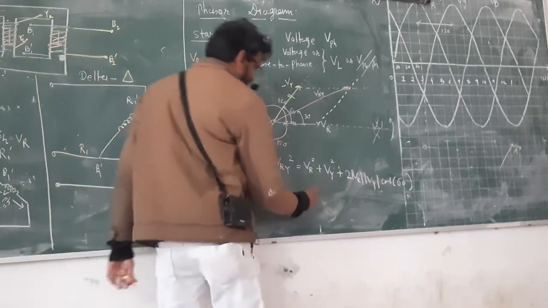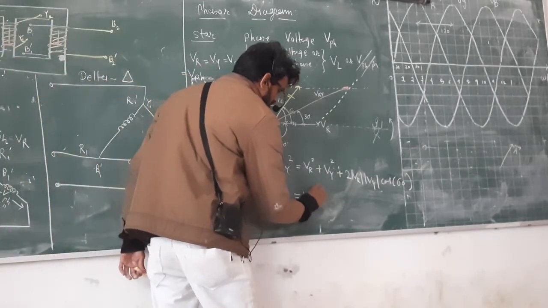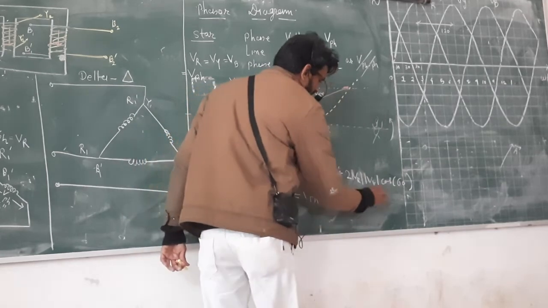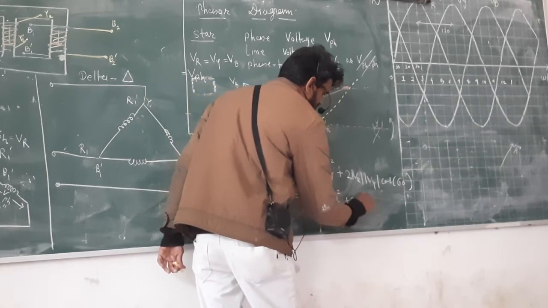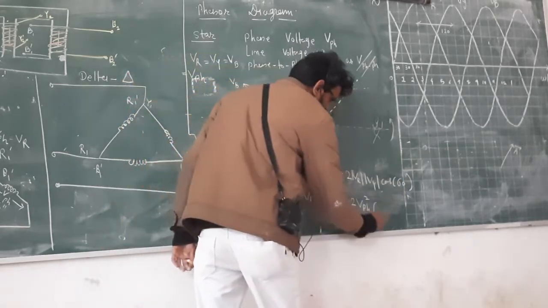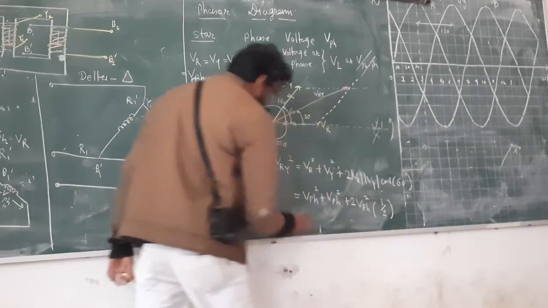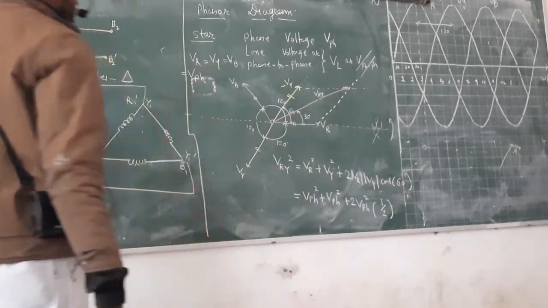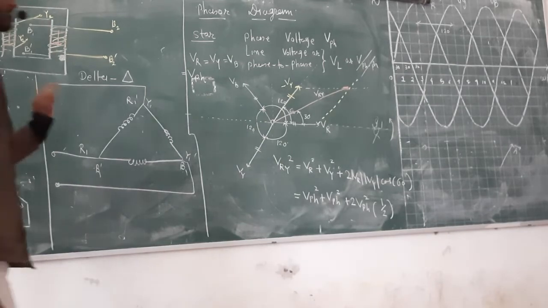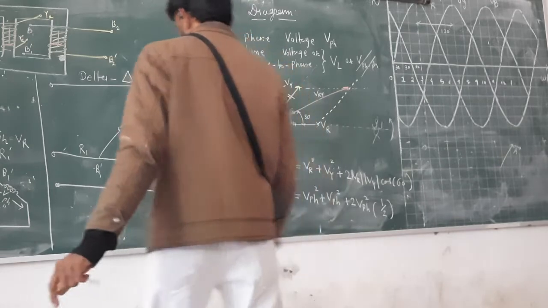So I will write here V phase square plus 2 times V phase square times cos 60, which is sin 30, 1 by 2. And VRY, RY, YB, BR, we call it line. So I will write it down here.